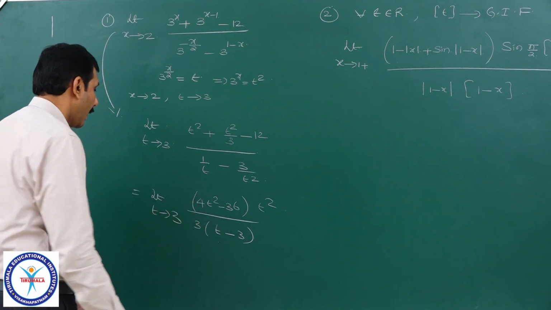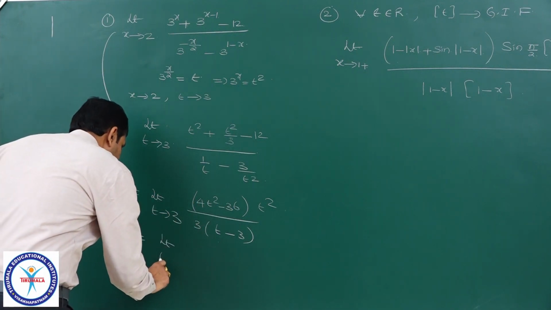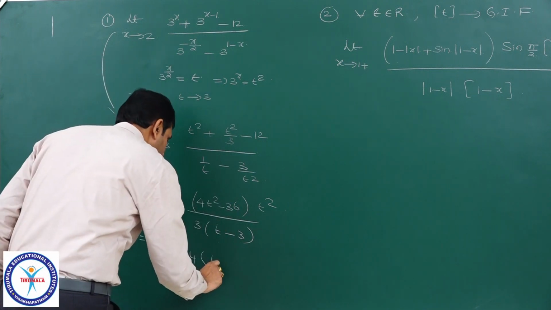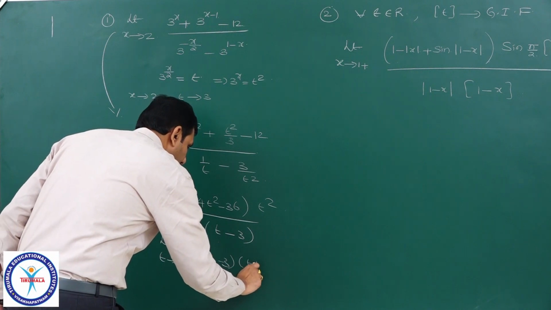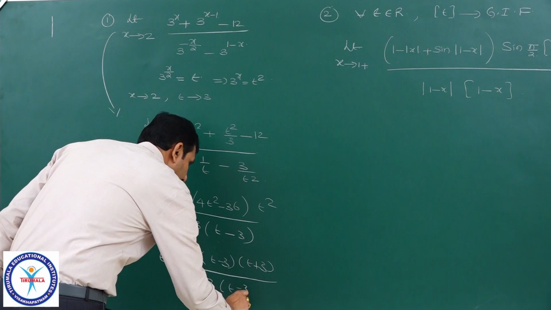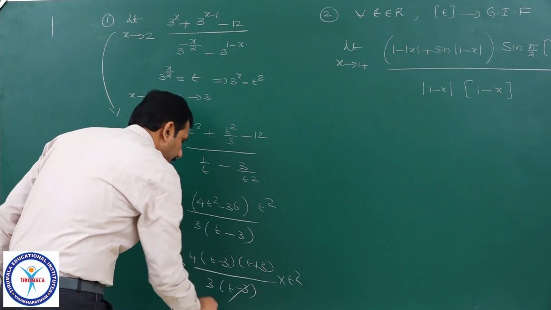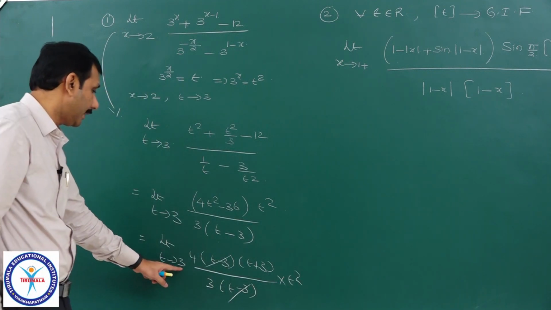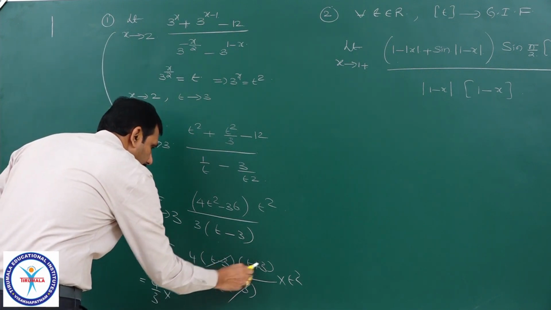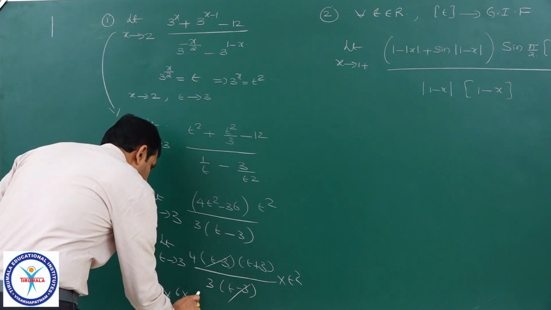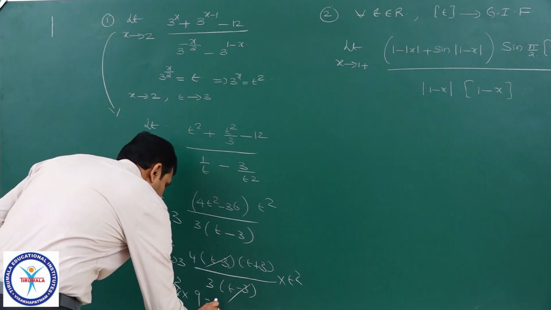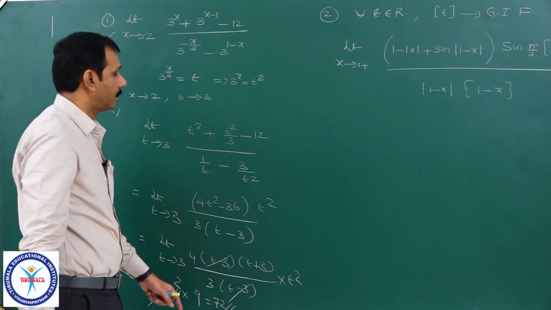In the numerator I will take 4 common: limit t tends to 3, 4 times t square minus 9, by 3 times t minus 3 into t square, that is t minus 3 into t plus 3 by 3 times t minus 3 into t square. This t minus 3 will get cancelled. Now, t tends to 3, it is equal to 4 by 3 into 3 plus 3, 6, into 3 square, 9. 3 and 2 times cancel, 8 into 9, that is equal to 72, which will be the answer.